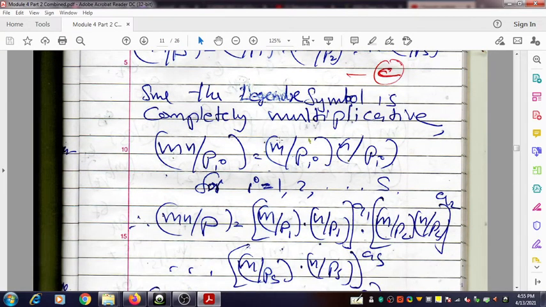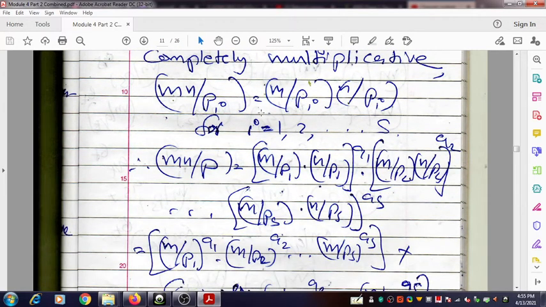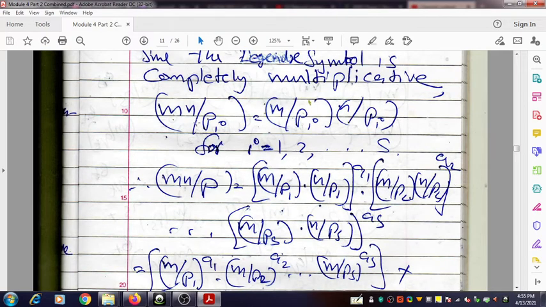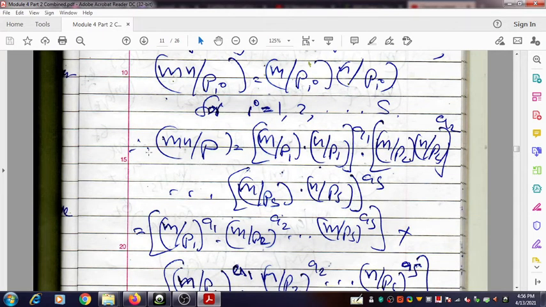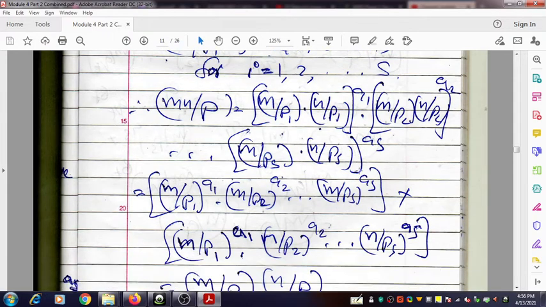Applying this splitting procedure in every bracket, you get that (mn/P) equals (m/p1) into (n/p1) raised to a1 into (m/p2) into (n/p2) raised to a2, in every bracket, etc., and (m/ps) into (n/ps) raised to as.